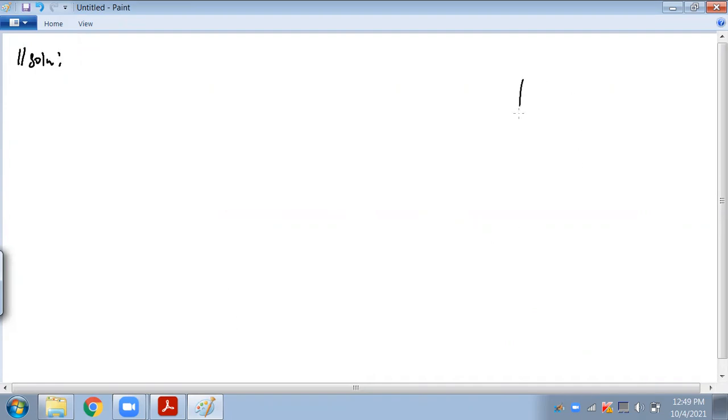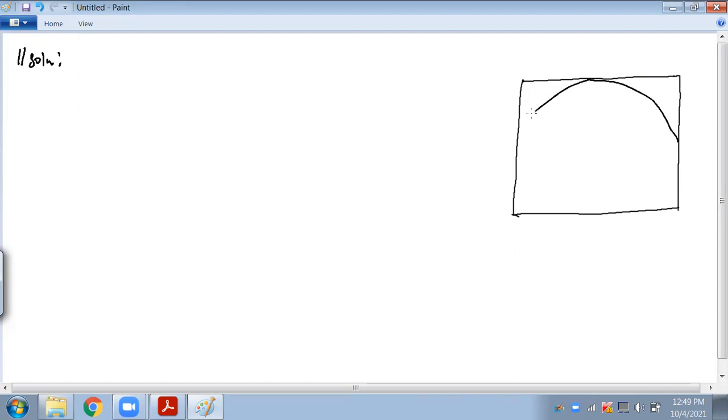So we have a parallelogram that is circumscribing a circle. That means the four sides of the parallelogram will touch the circle.